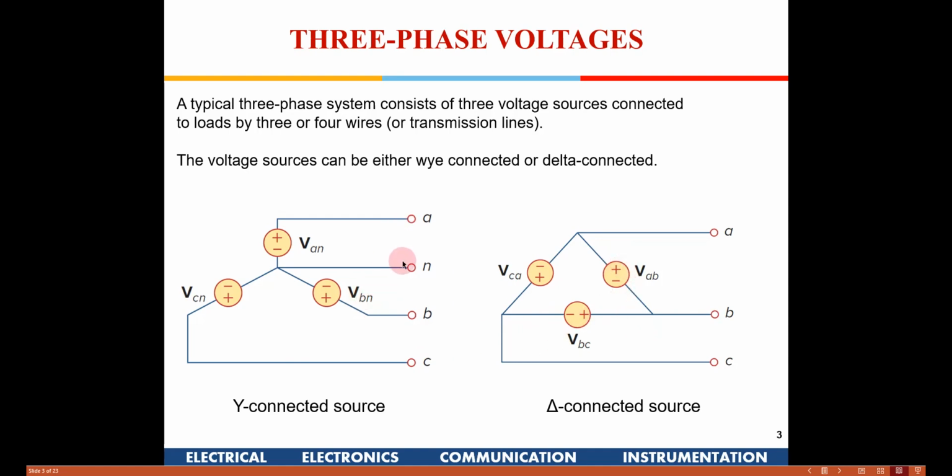In the Y connected source you have three lines which are known as the phase 1 line, phase 2 line and phase 3 line, and you will have a neutral line also, which is the junction of the three phases from the generator side. So you have 4 lines, whereas in the delta connection you don't have a neutral line, so you will have 3. These are the 3 lines which go to the load, and here there are 4 lines which go to the load.